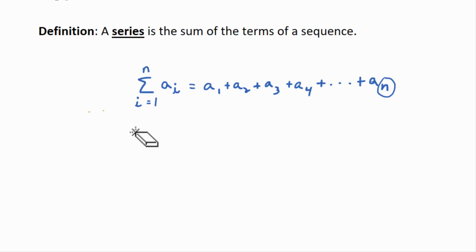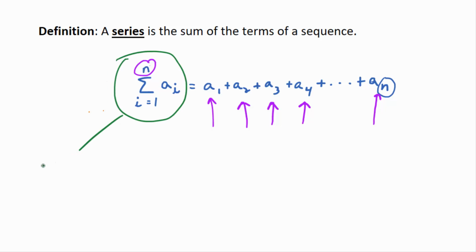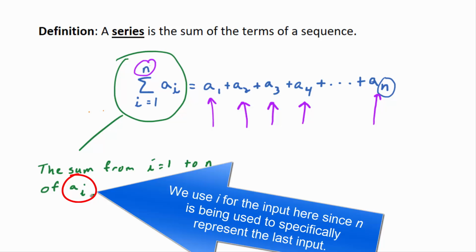The way we would read it is, we would read this on the left-hand side as the sum from I equals 1 to n of a sub I. And that simply means you add the first term plus the second term plus the third term plus the fourth term all the way to the upper limit, which would be in this case the nth term of the sequence together. Again, it just means you're going to sum all the way to the nth term.